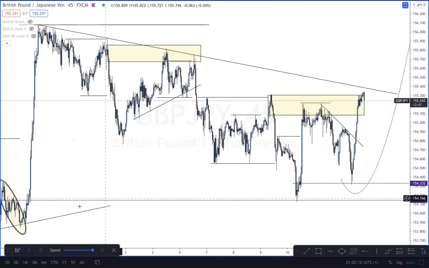The main reason is, you can clearly see we had lots of manipulation around here, drop down and up. We run the liquidity, drop down and up. We run liquidity, drop down and up. So all this area, area 1, let's put some numbers to it.